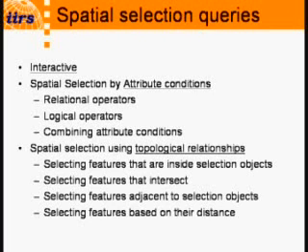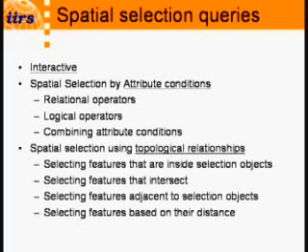So you have different types of spatial selection by attribute conditions, by using relational operators, by using logical operators, and you can even combine these attribute conditions, like logical as well as relational. So you can combine this spatial selection and get some results.